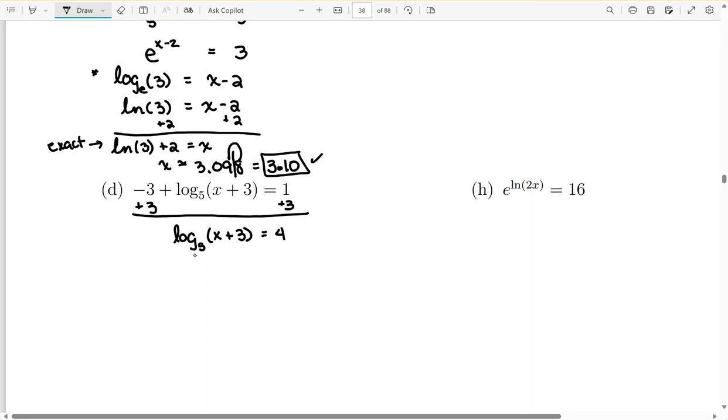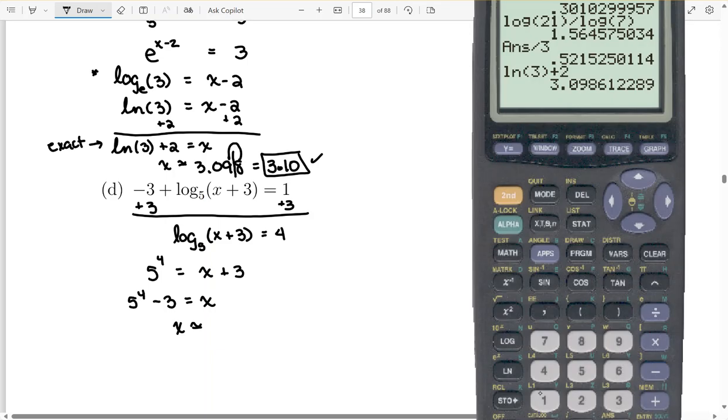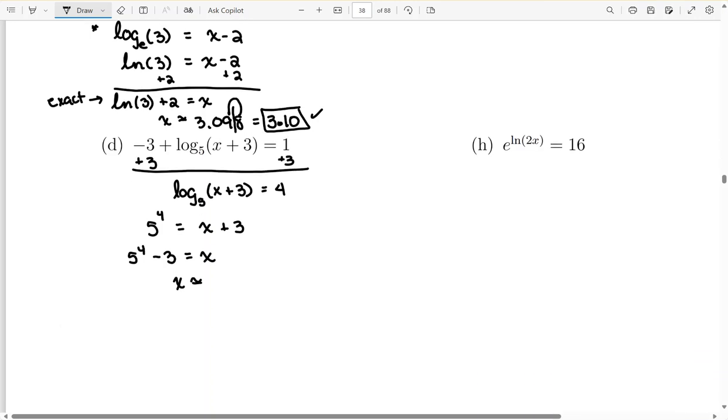So our exponential is going to have the base of 5, the power of 4, equals x plus 3. So 5 to the 4th minus 3 equals x. And then we'll get our answer here, 5 to the 4th, and then minus 3. So 622.